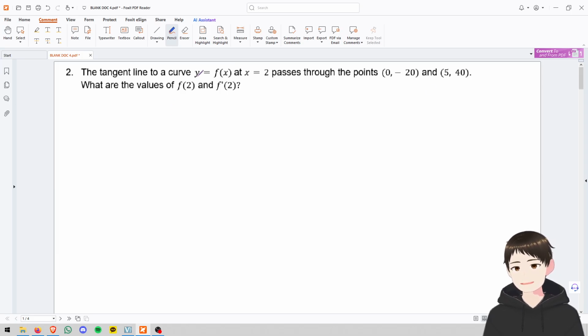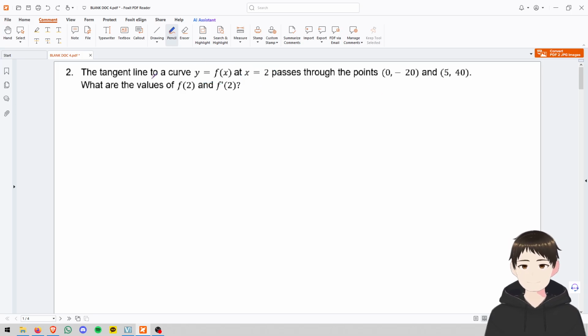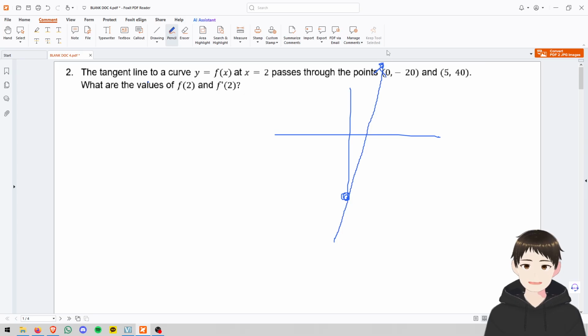A tangent line to a curve at x equals 2 passes through the points this and that. So wait, the tangent passes through these points. Interesting. What are the values of f of 2 and f prime of 2? Well, just to give you a visual, (0, -20) and (-5, 540), these go through the tangent, which means I can actually use these two to figure out what the slope is.